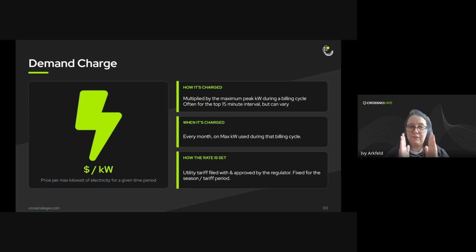And they're going to take that 15-minute kilowatt and say, this is your max peak demand for this time period. And then every month, they're going to take that max kilowatt and multiply it by your dollar per kilowatt rate. And that's going to be your demand charge. Again, similar thing where this is filed and approved by regulators, but it can be quite a cost if you do not manage your demand very well.